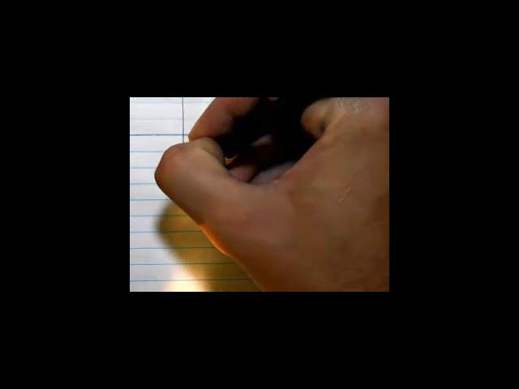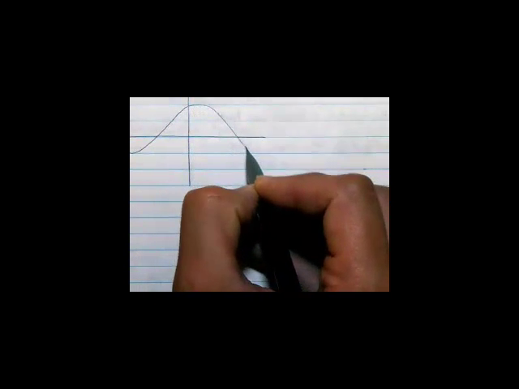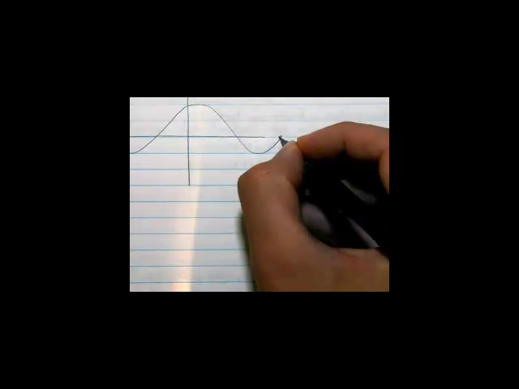So let's say we've got a graph here of a function. Let's say it's doing something kind of like this.